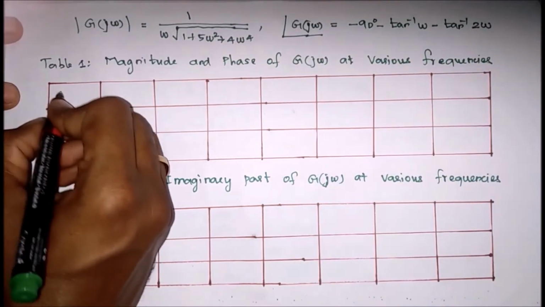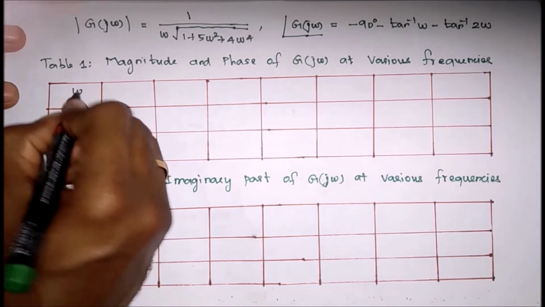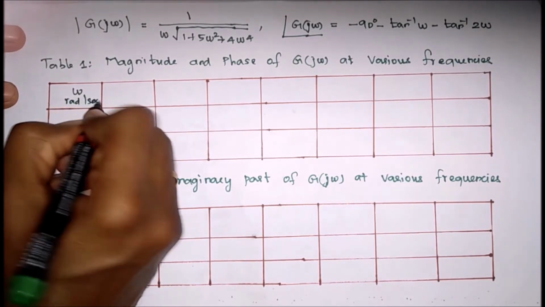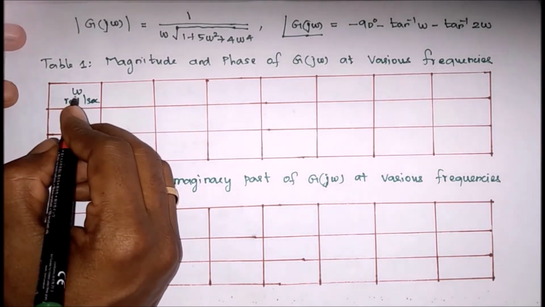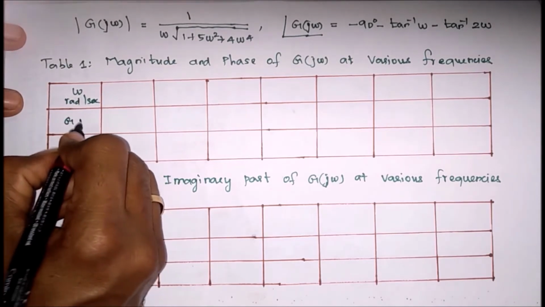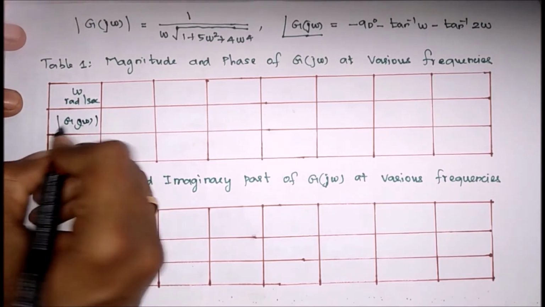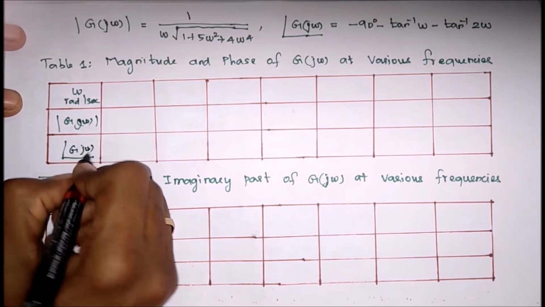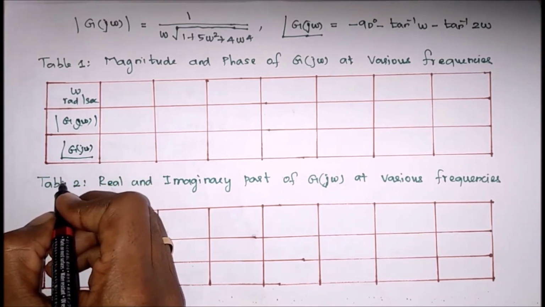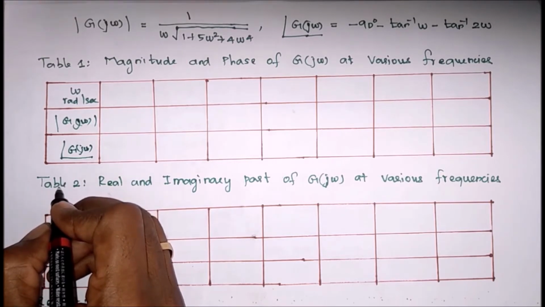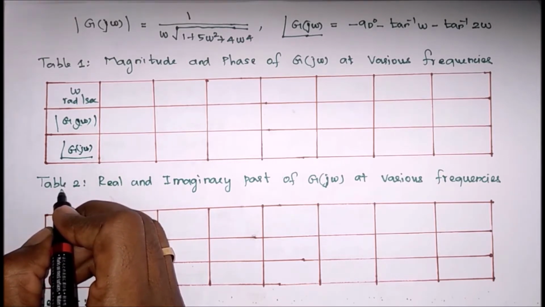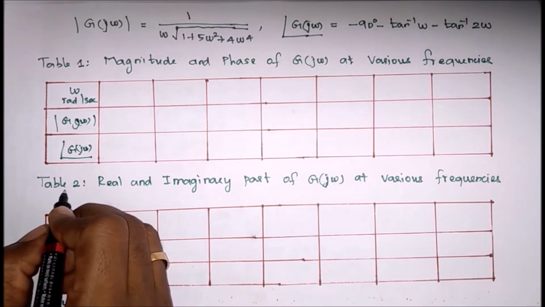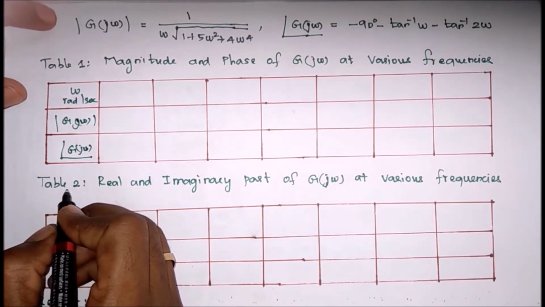Now we have to consider various values of ω in radian per second, and for these values we have to find the magnitude and angle of G(jω). Our corner frequencies are 0.5 and 1, so around these we take various values.